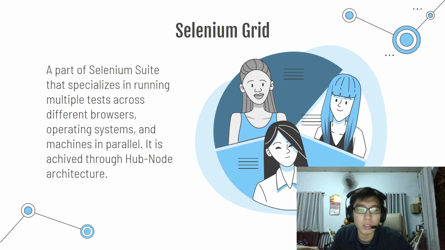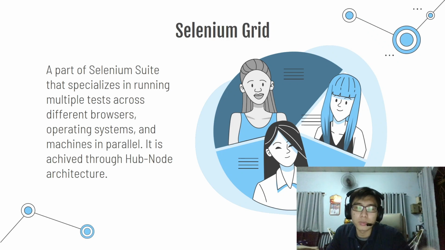It follows hub-node architecture. Hub-node architecture basically means one machine will play the role of a hub and it will control the tests on multiple machines, and those machines will be called nodes.